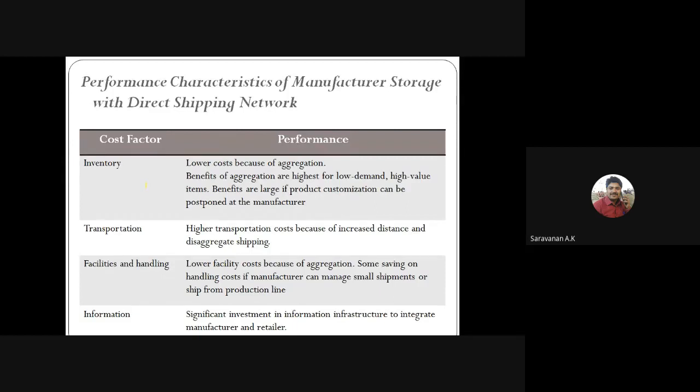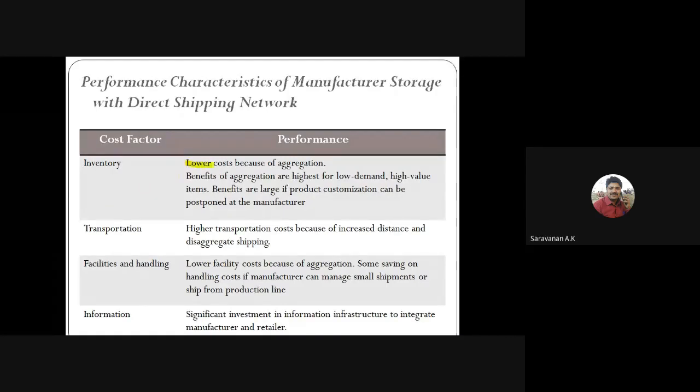So the inventory holding cost in this network is very low, right? Why? Because the product may directly ship from the manufacturer to the customer, so the inventory holding cost is very low.